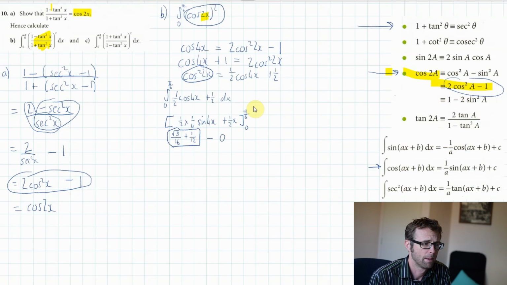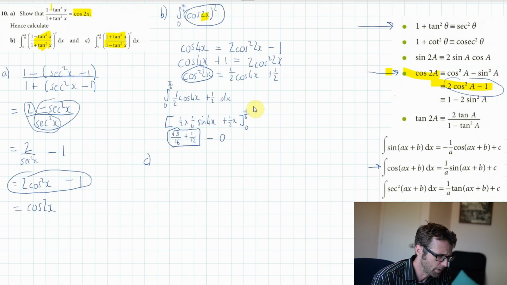Okay. The second one that we have to do, C, is, you'll note, the reciprocal of the first one in part B that we've done. So instead of cosine 2x squared, we're doing sec 2x squared, because the reciprocal of cosine is sec.